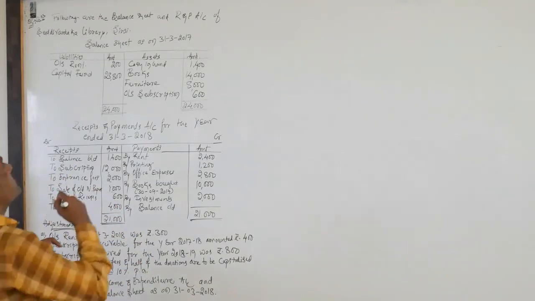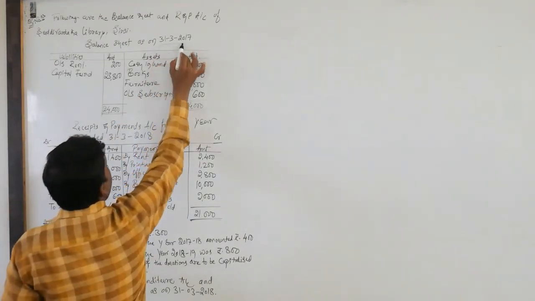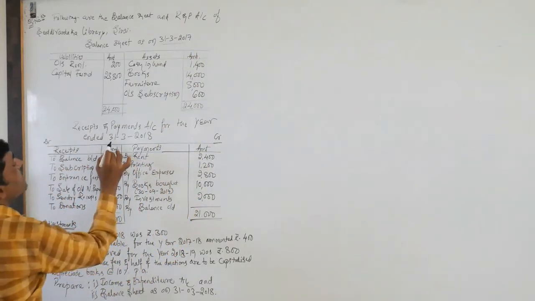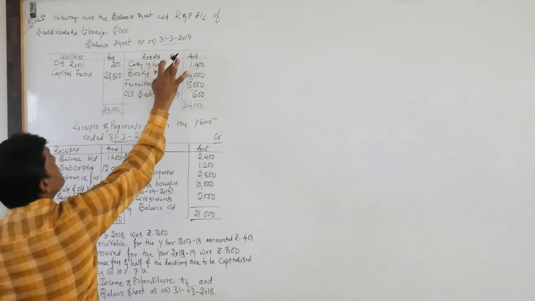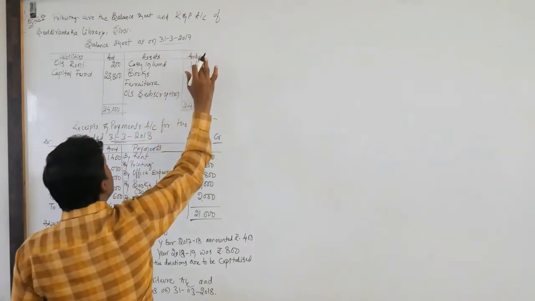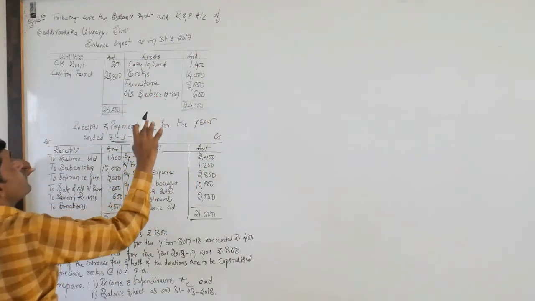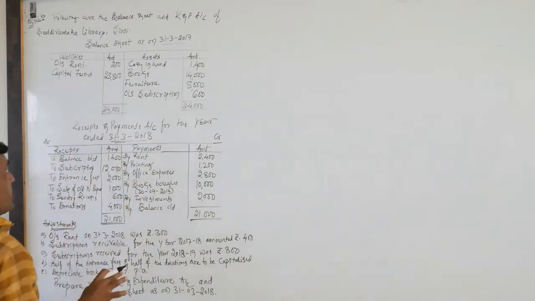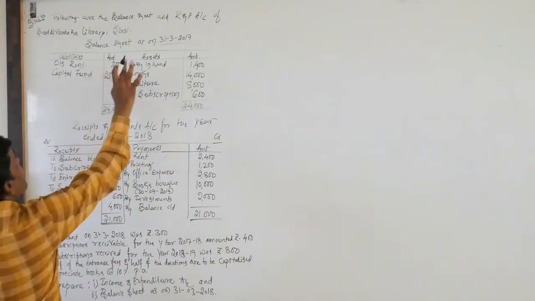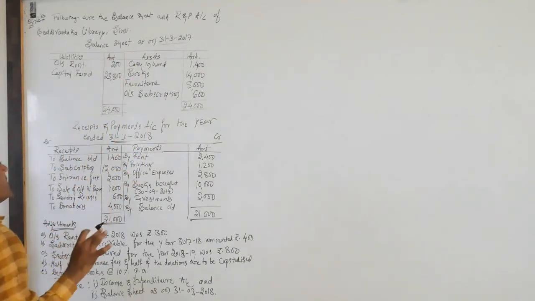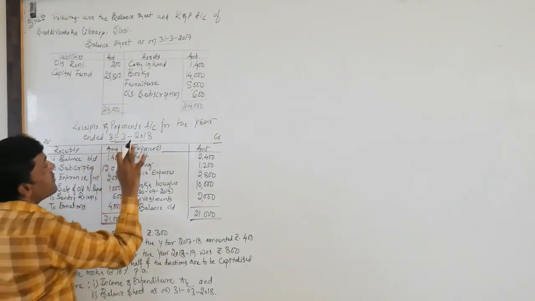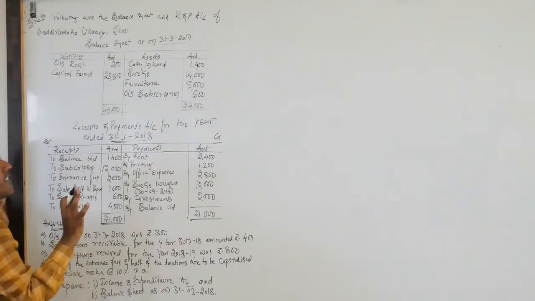Look here, students, these dates are very important. Balance sheet as on 31st/3/2017 is nothing but the previous year's closing balance sheet, so all the balances are closing balances of the last year. 31st/3/2018 is the current year ending.